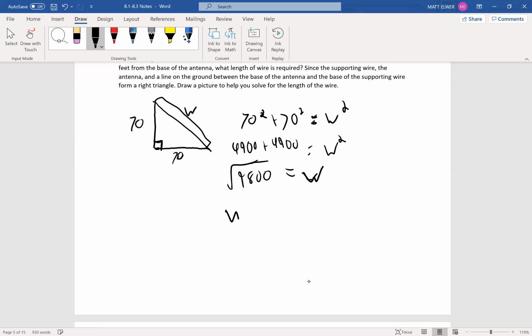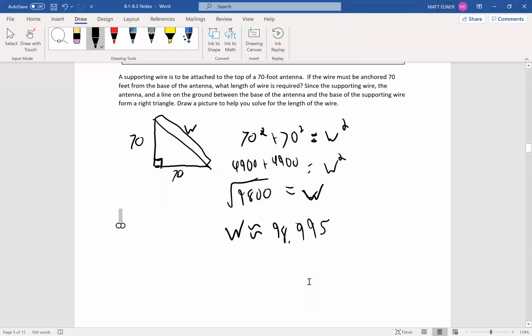The length of the wire W is approximately equal to, taking the square root in my calculator, 98.995. And remember that we have it in feet, so I forgot to mark that, but it's all in feet. So notice that this has to be answered in feet.